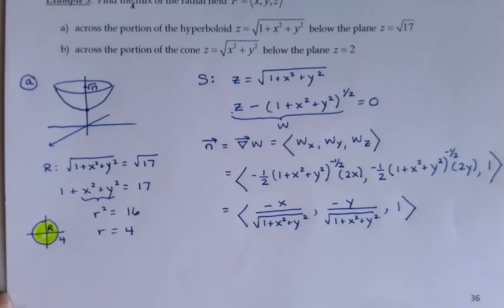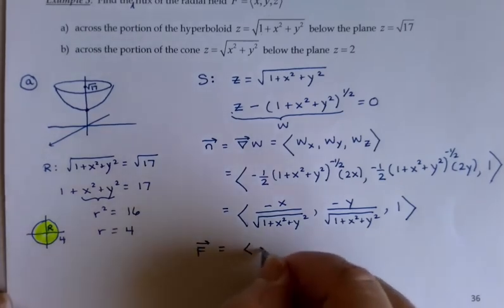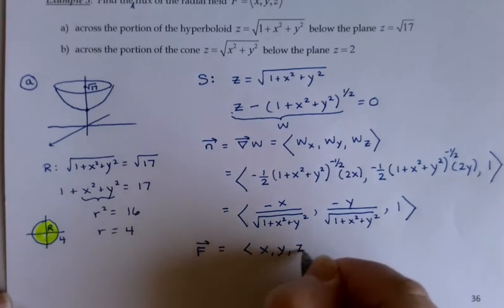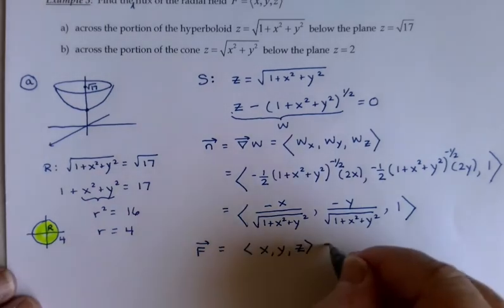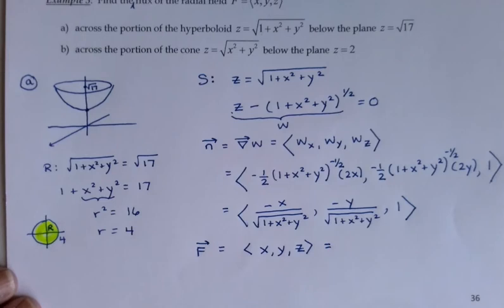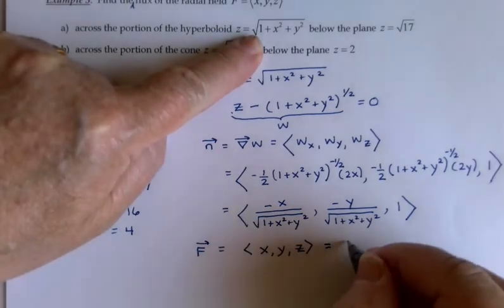I have to integrate f dot n, so let's write out f. F was x, y, z. But notice that this is just a double integral, right? A surface integral is a double integral. That means I can only have x's and y's, and therefore I can't use this z. The way you deal with that is you simply replace the z with the z equation for the surface. On this surface, z is always equal to the square root of 1 plus x squared plus y squared.